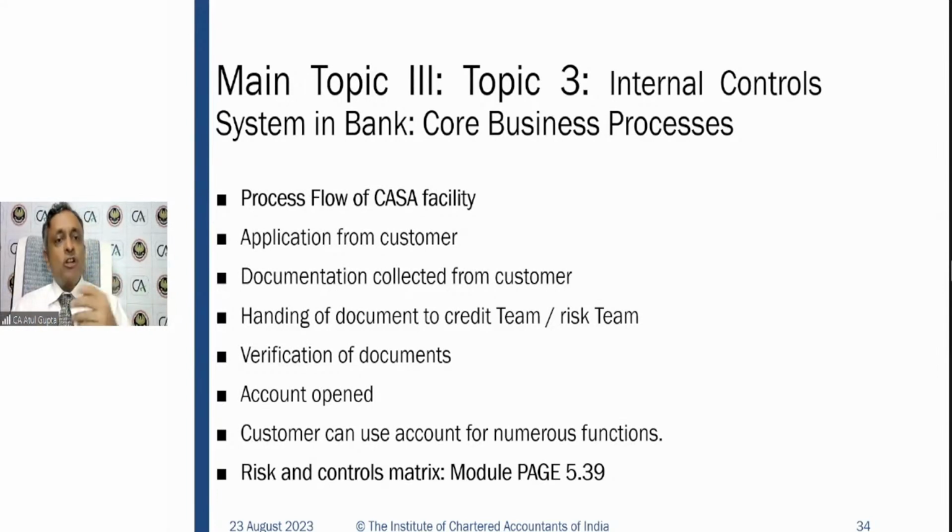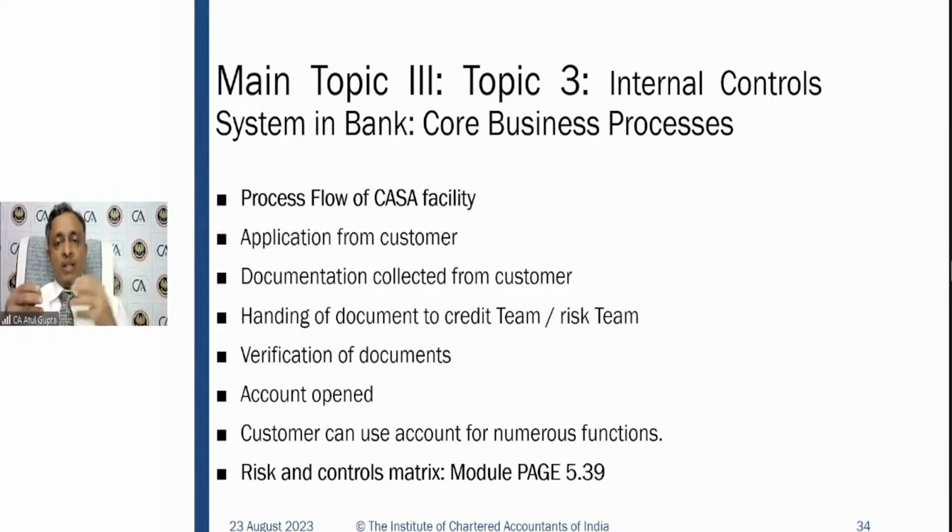Then these documents are handed within the bank to what is called a credit team or a risk team. Please understand this name of the team may differ. What is being presented to you is a general nomenclature for these teams. Because they have collected your data, that includes PAN number if available, then your Aadhaar details or other identity details. It may be other than Aadhaar; you can have your driving license, voter ID, passport also.